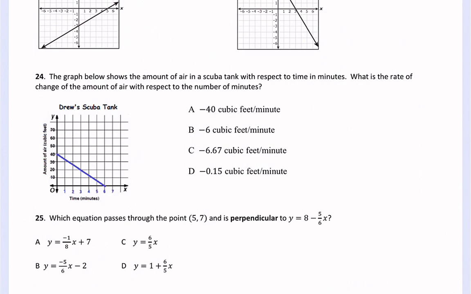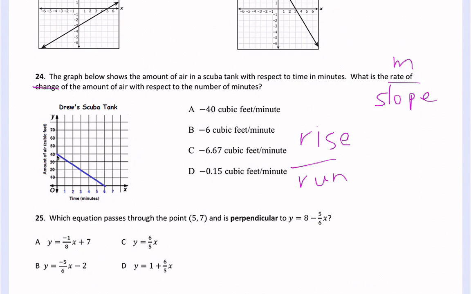24. The graph below shows the amount of air in a scuba tank with respect to time in minutes. What is the rate of change of the amount of air with respect to the number of minutes? All right, so we know that rate of change is slope. It's the letter M. All right, so whenever we have a graph, to find rate of change, we do rise over run.